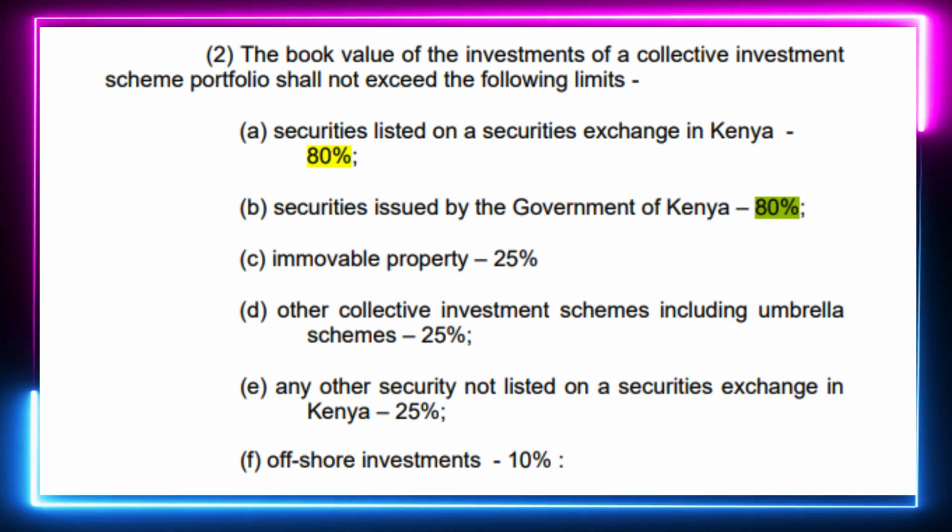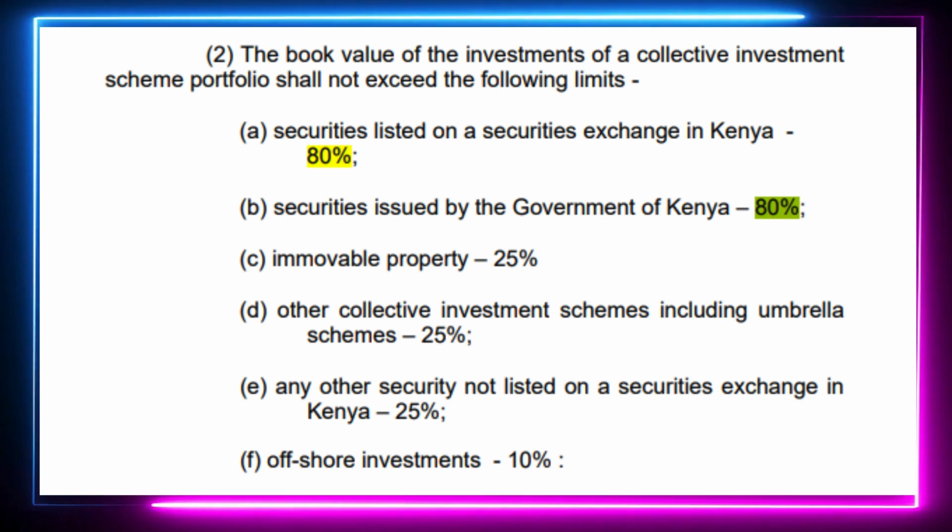Immovable property here is real estate, yes? Number 4, other collective investment schemes, including umbrella schemes, should not exceed 25%. Number 5, any other securities not listed on a securities exchange in Kenya should not exceed 25%. And number 6, offshore investments should not exceed 10%.